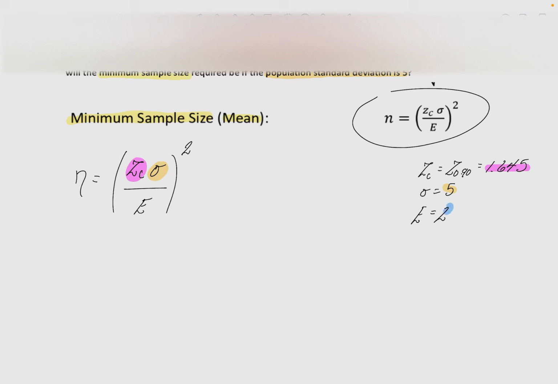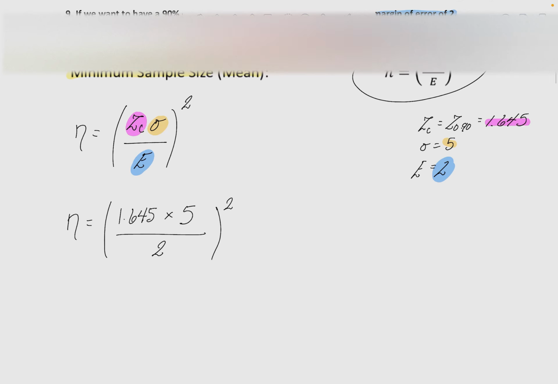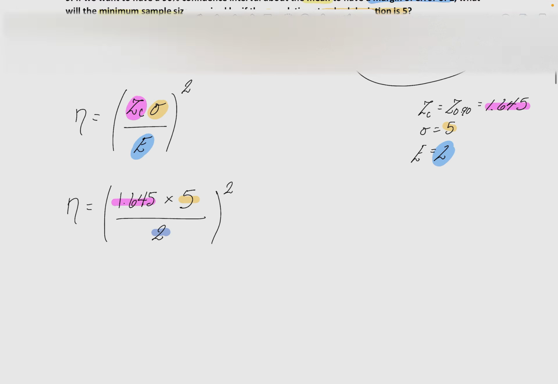And the margin of error is 2, which we're going to plug in as e in the denominator. So plugging all these variables in, we have 1.645 multiplied by 5 all over 2, and all of this is squared. That is how we plugged it into the equation.